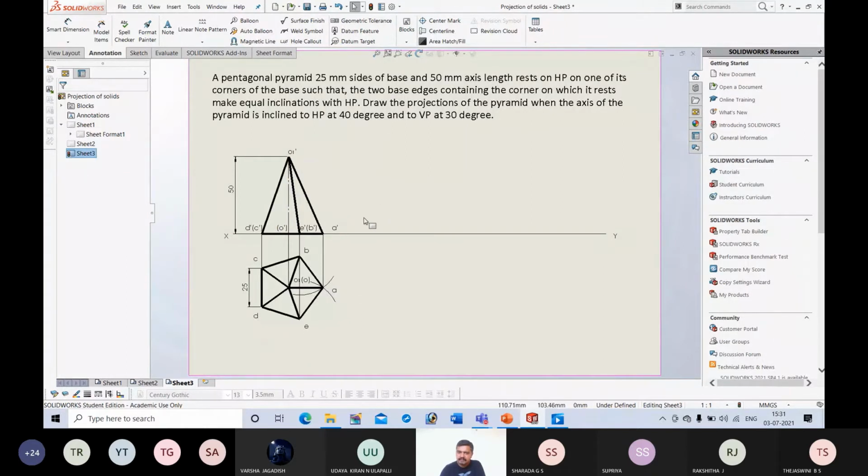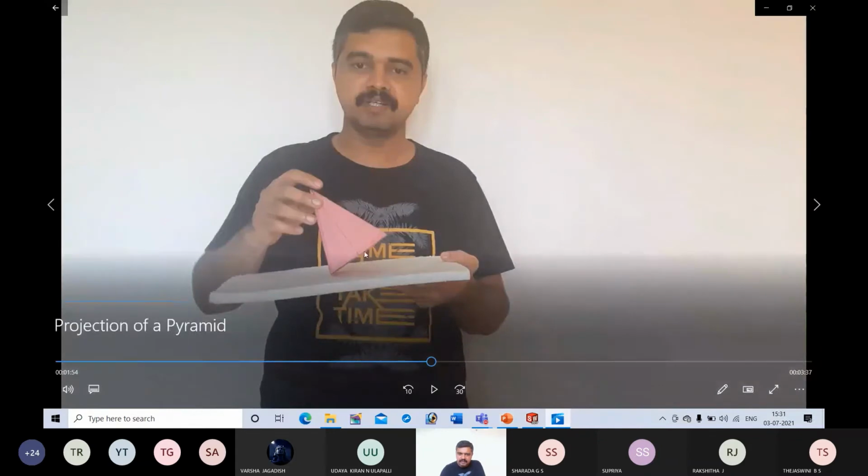If the base makes an inclination of 50 degree with HP, automatically the axis will make an inclination of 40 degree. If this angle is 50, automatically the angle between axis and HP will become 40. You can observe that.